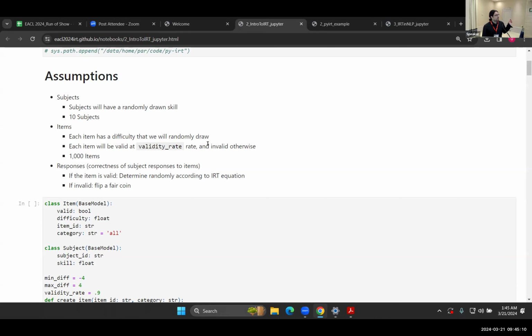For example, if an item is valid, then the probability of a subject having a correct response on an item is going to be determined by the IRT equation that John just talked about. If not, we're going to flip a fair coin. That basically means that the ability of the model does not matter at all. So it's a bad question.